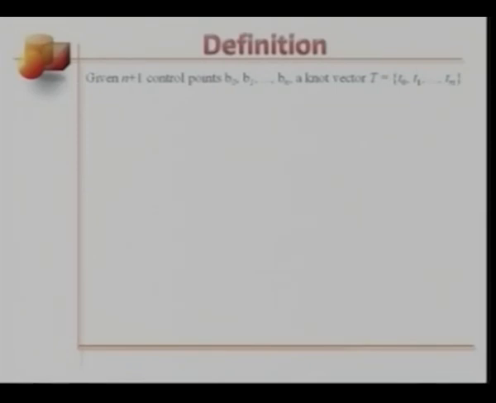Given n plus 1 control points b0, b1 up till bn, and also a knot vector capital T as t0, t1 up till tm, a B-spline segment or curve b of t of order p is defined as b of t is equal to summation the index i going from 0 to n, the normalized B-spline basis function N sub i, p of t times bi.